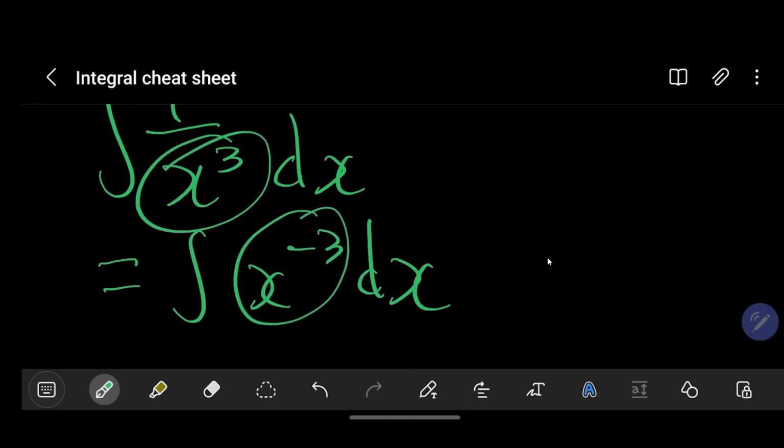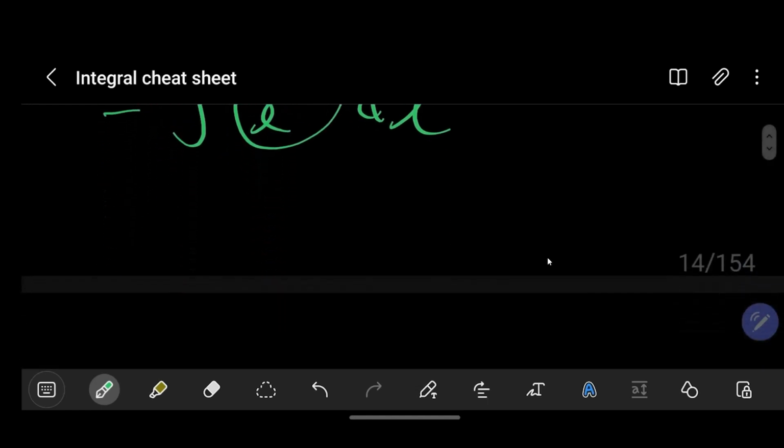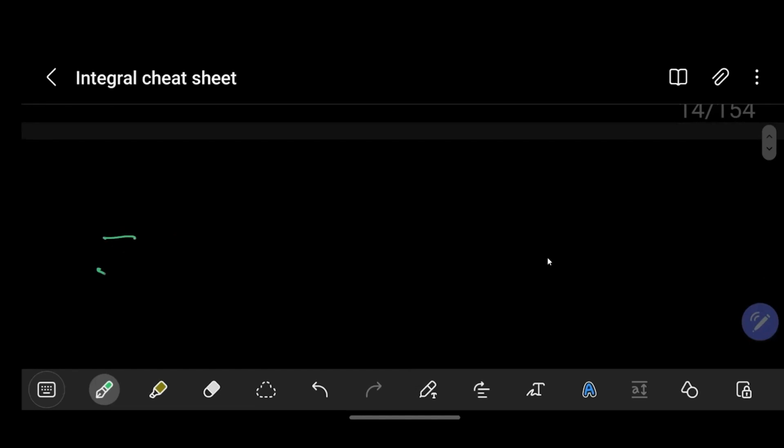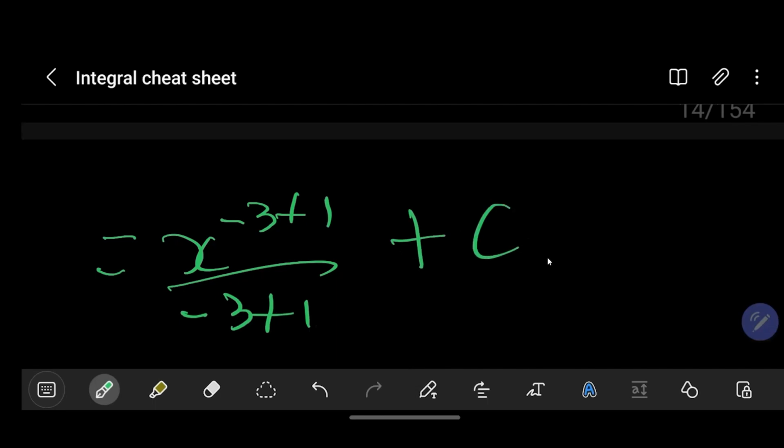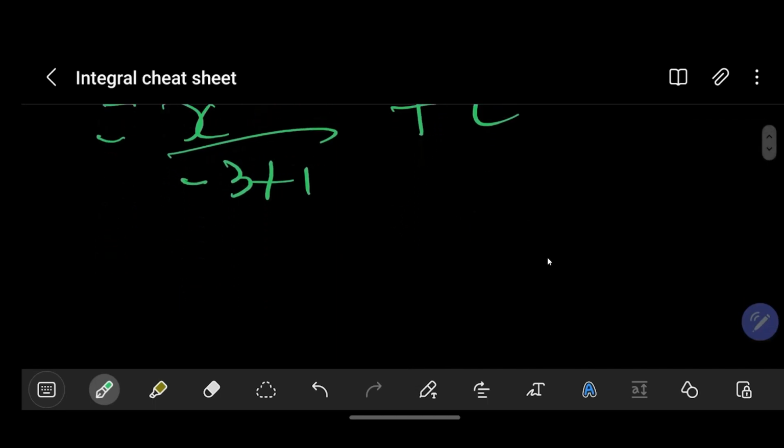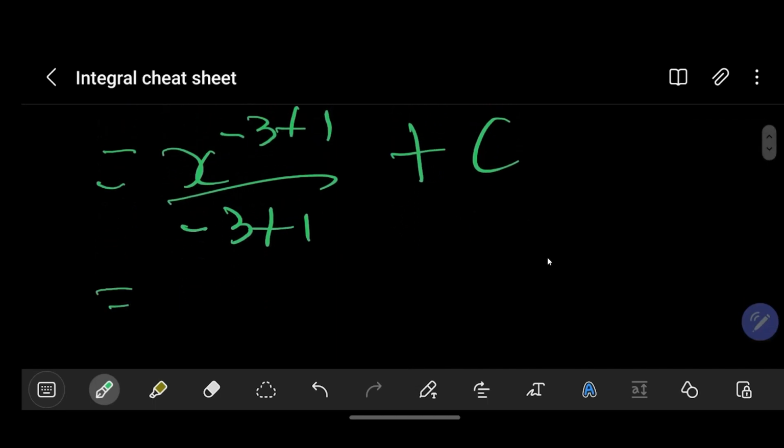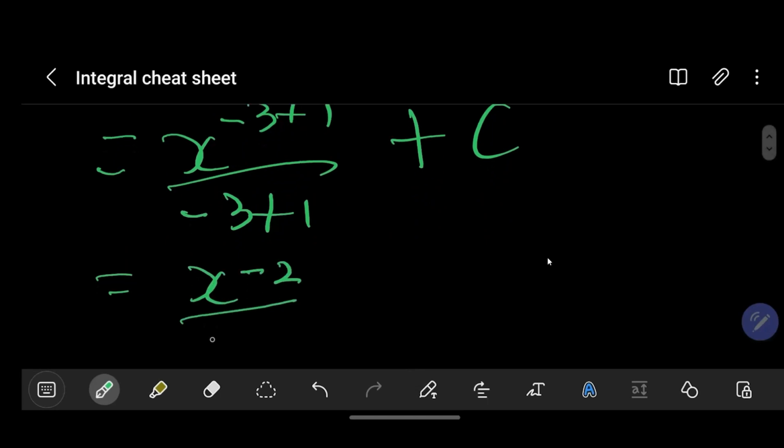So let's try to solve this. So we can use the power rule now. So we have x to the minus 3 plus 1 all over minus 3 plus 1. Don't forget the c, so that's plus c. If we are to solve this, that's equal to x to the minus 2 all over minus 2 plus c.